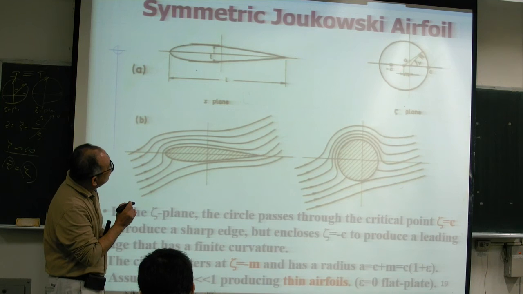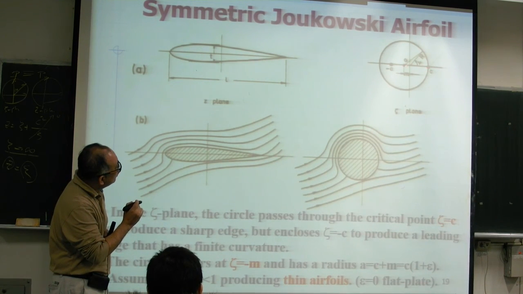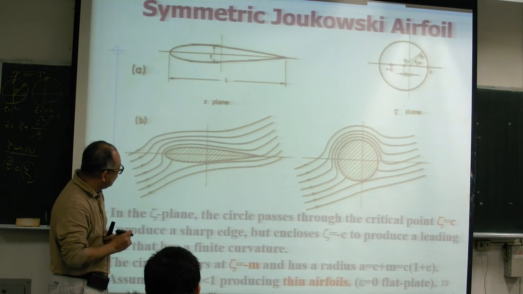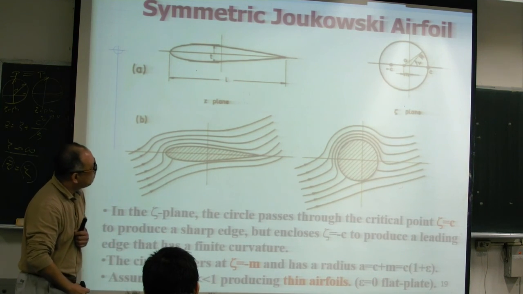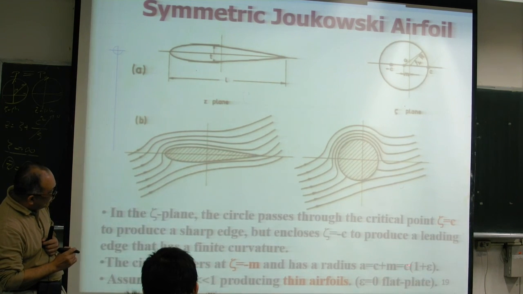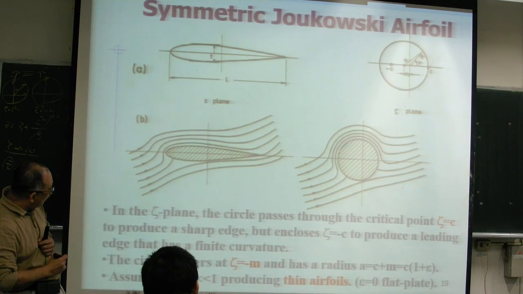From here to here is our radius, so from here to here is a. A is equal to m plus c, so A is equal to c plus m. Since m is a very small number, we can rewrite this as c times 1 plus epsilon. This epsilon is equal to m over c.